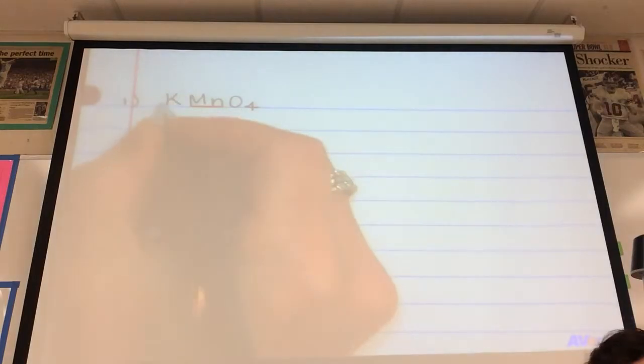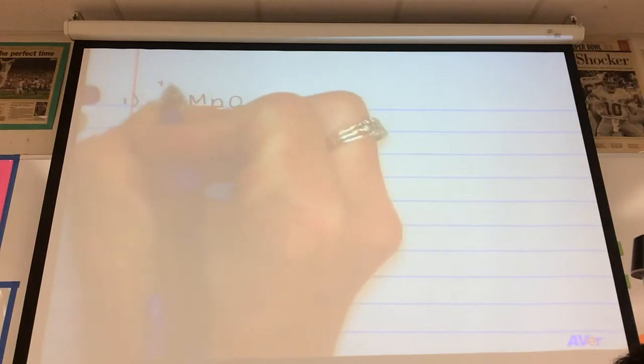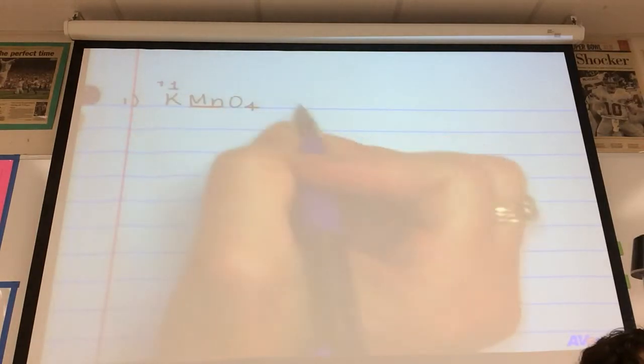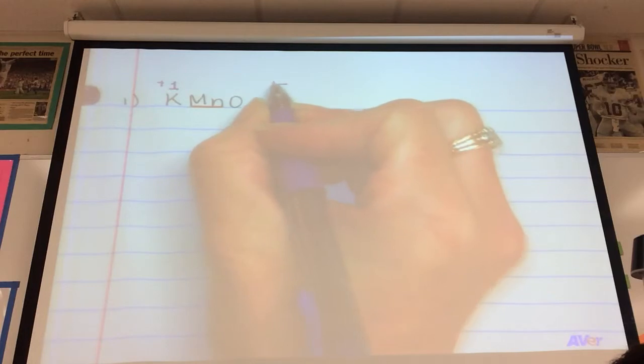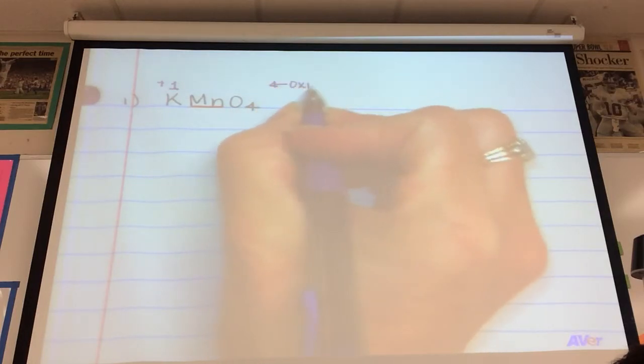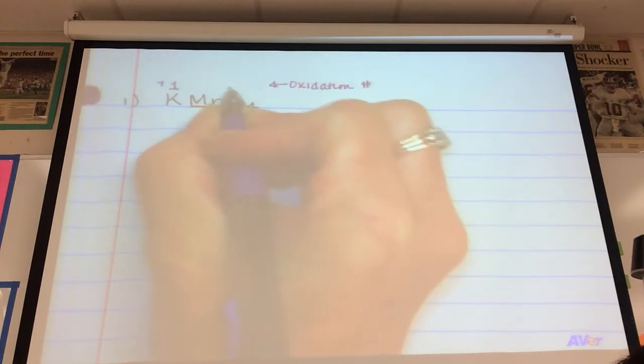Potassium is in what group? 1. And group 1 elements in a compound always have what oxidation number? +1 is correct. Oxygen, unless hooking with fluorine or a peroxide, will have what oxidation number? -2.